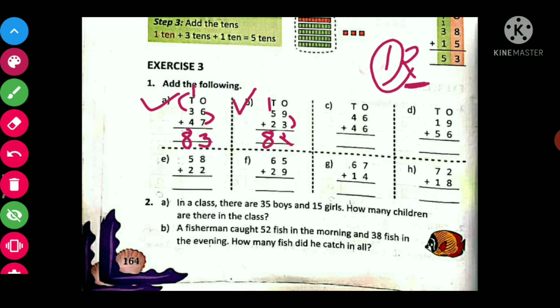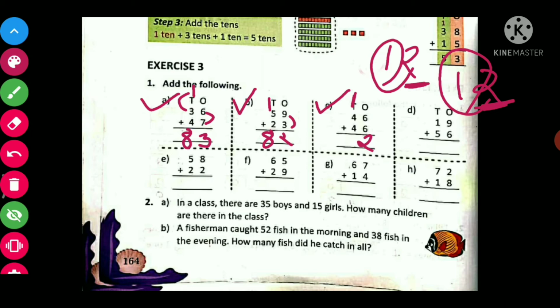Now see the C part. 6 plus 6. It will be how much? 12. Right. So we'll write 2 in the ones place. Last digit will write here. And the digit which is placed before the last one, we'll place in the tens place.